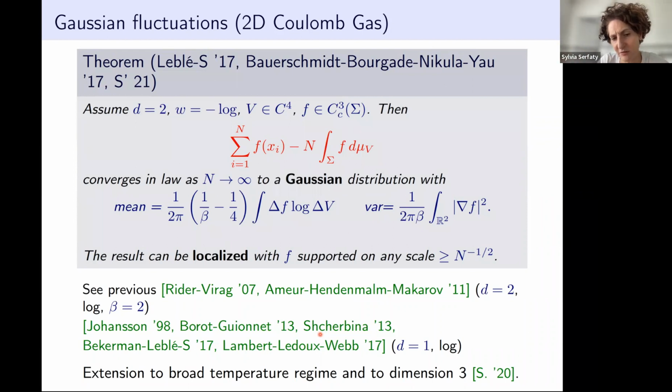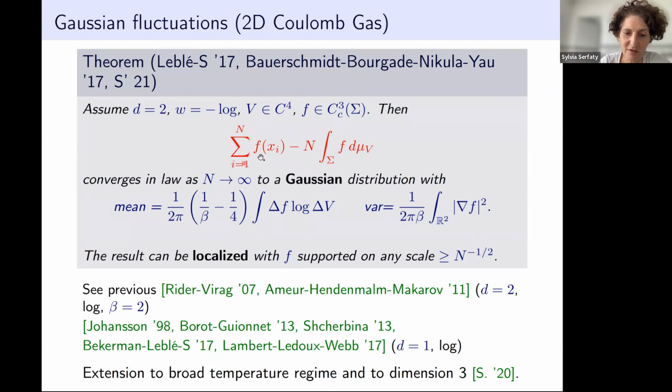So these results reveal an even further rigidity of the configurations of points. And instead of zooming and looking at point processes, here we look at test functions. We take a smooth enough test function f, and we look at linear statistics.